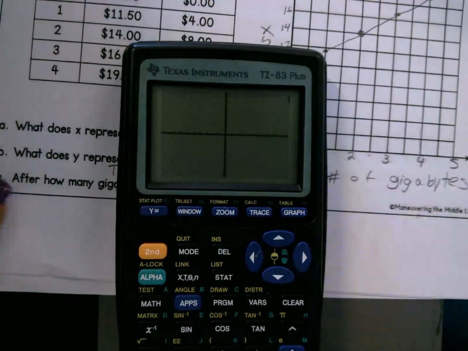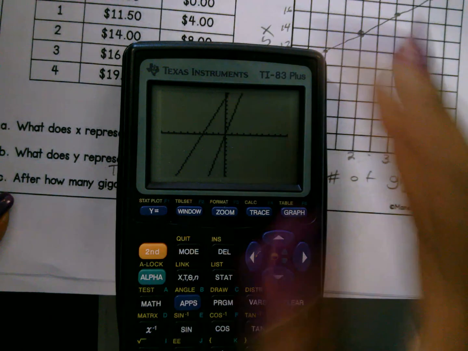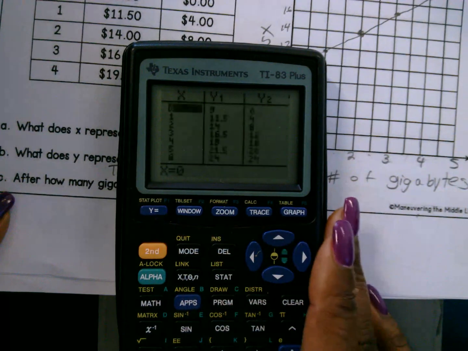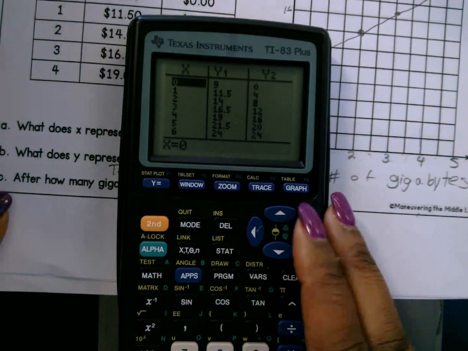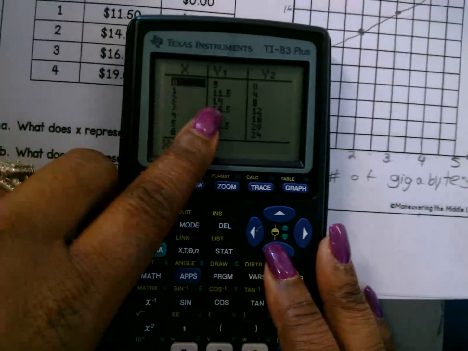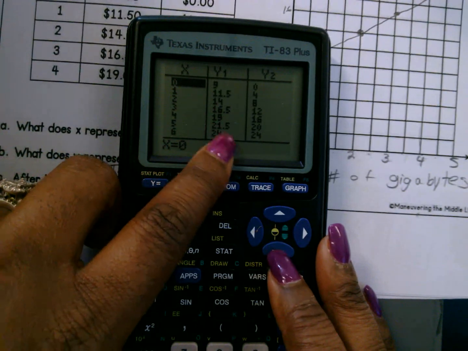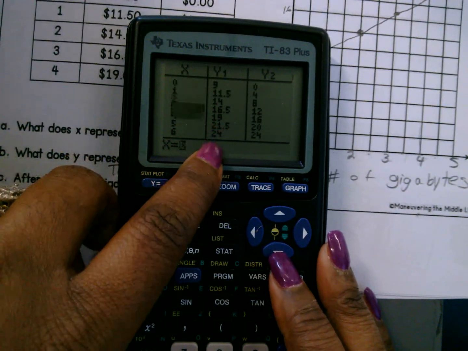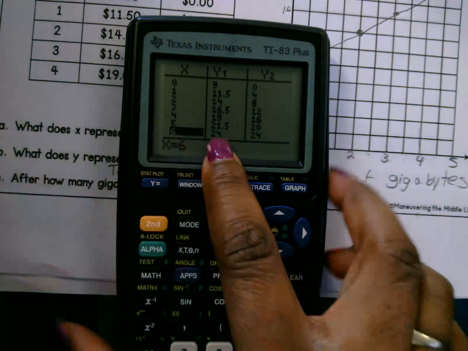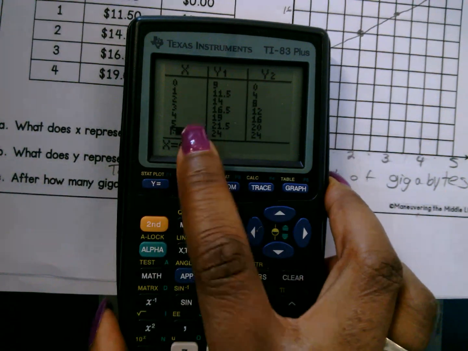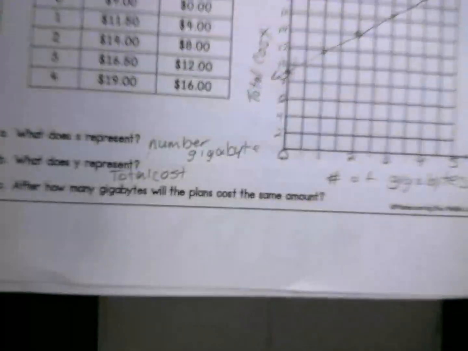So now when I graph them to see where they cross up here, or I can go to my table. It's probably better to go to the table. So let's see, at how many gigabytes are they the same amount? You said what? 6. Yep. At 6 gigabytes, they cost the same.